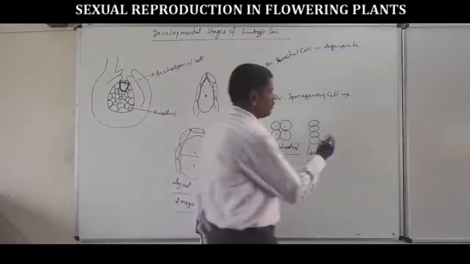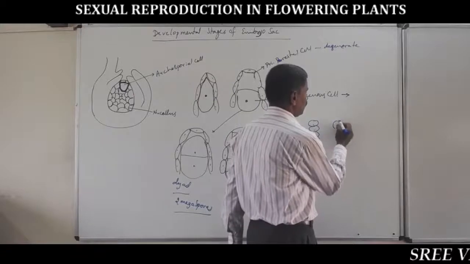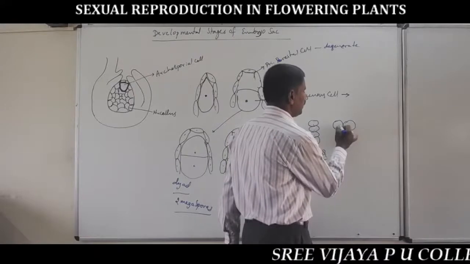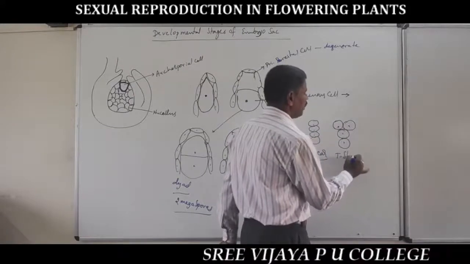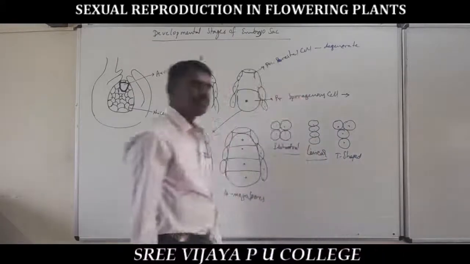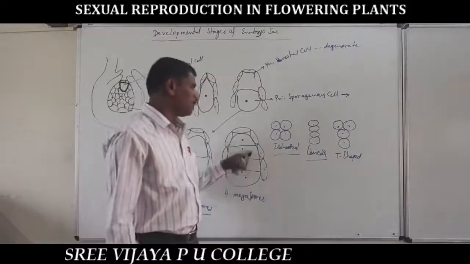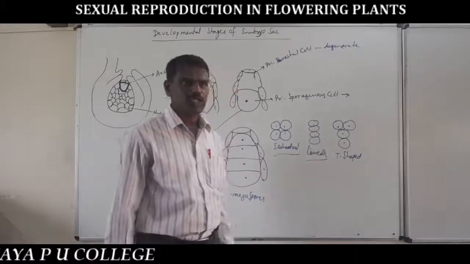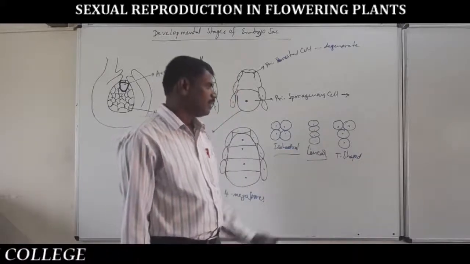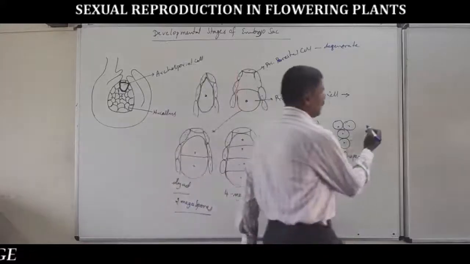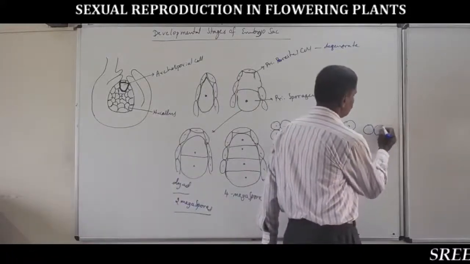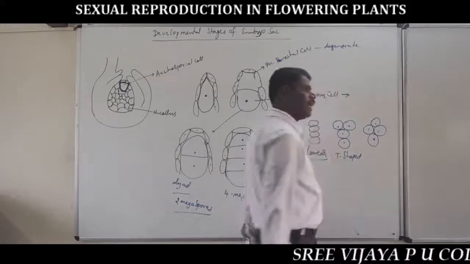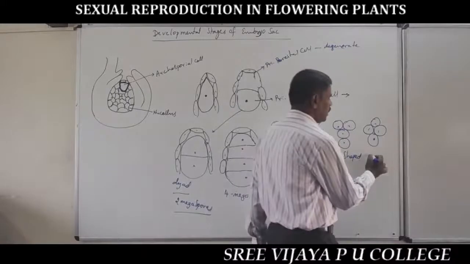Otherwise, they may be arranged in a T-shaped manner. The shape of these 4 megaspores arranged in this manner is called T-shaped. Or like this, in a decussate manner.